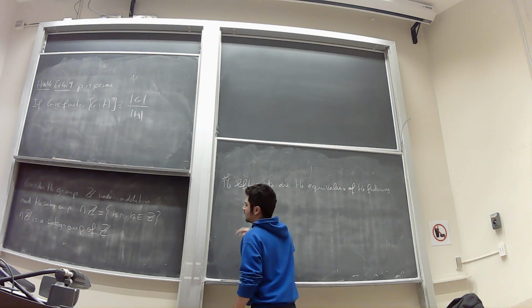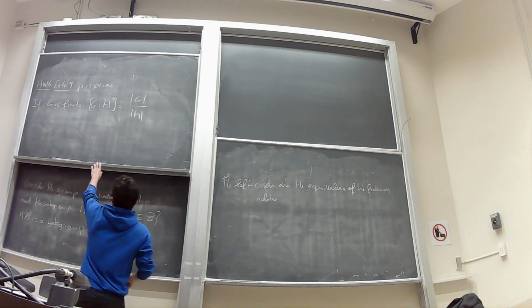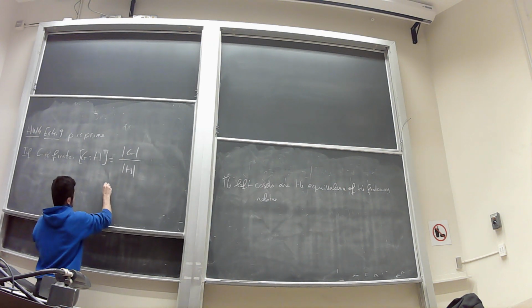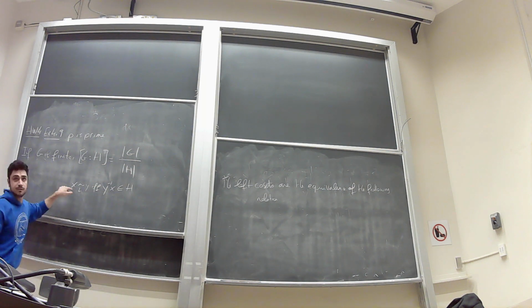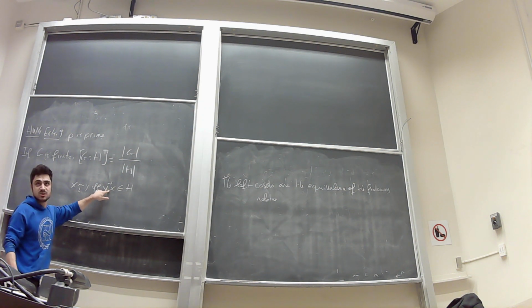Okay, remember, I'll write it down here. In multiplicative notation, left cosets are the equivalence classes of this relation. In additive notation, this times becomes a plus.